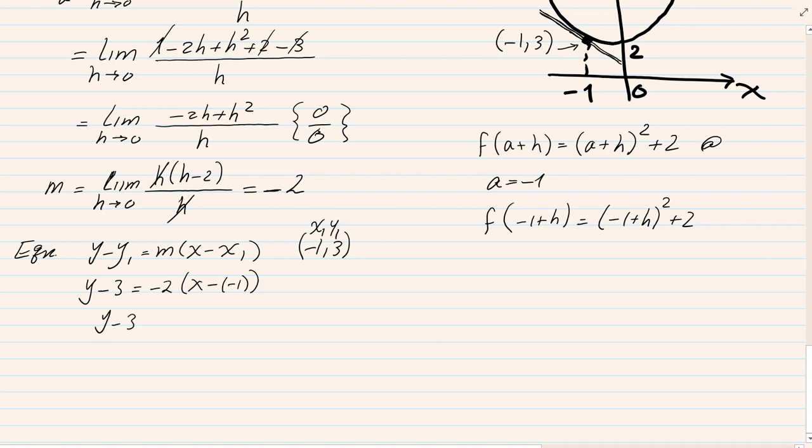Double negative in parentheses makes +1, times -2 distributes, makes -2x. Add 3 to both sides and we have the equation now of the tangent line. See how that works?